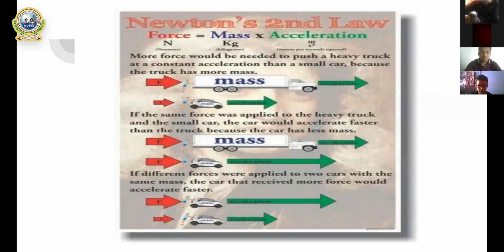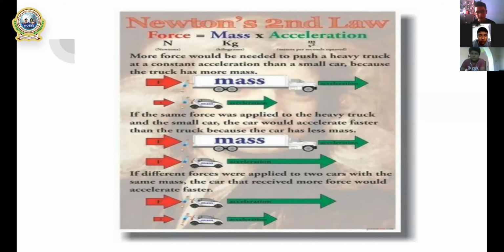Now, in the next picture, the same force was applied to the heavy truck and a small car. Obviously, as I already told, the car would accelerate faster than the truck. But if the forces applied were different, that may produce the same acceleration. In another case, if you take the same masses, for the third time, let's take two objects as both cars with the same masses, and apply different forces on both cars.